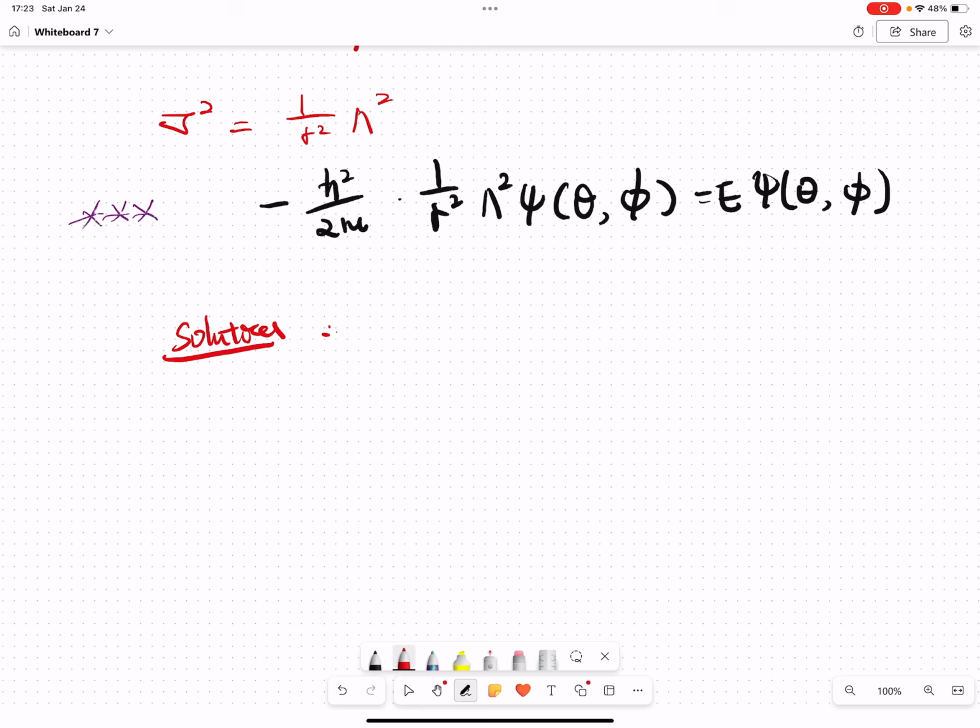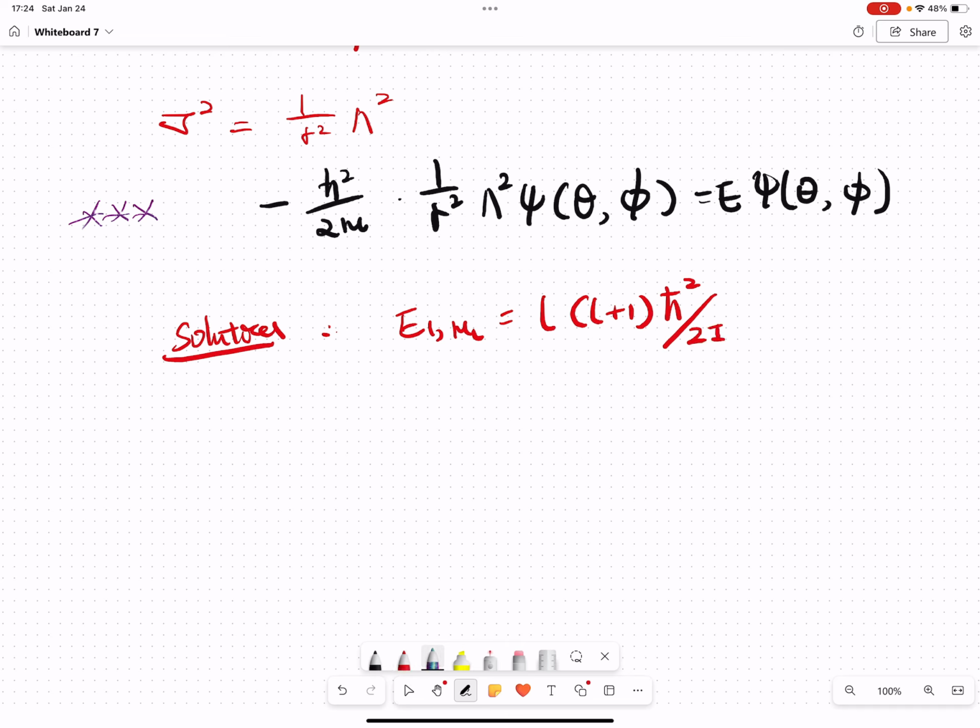For the energy part, we find there are two numbers that are quantized, L and ML. The energy equals L times L plus 1 times h bar squared divided by 2I.